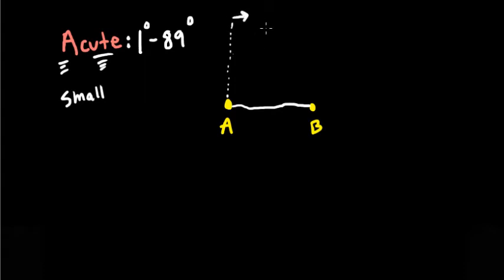For example, if I wanted to make point C right here and connect it like this, the measure of angle A, from here to here, would be less than 89 but greater than 1 degree.